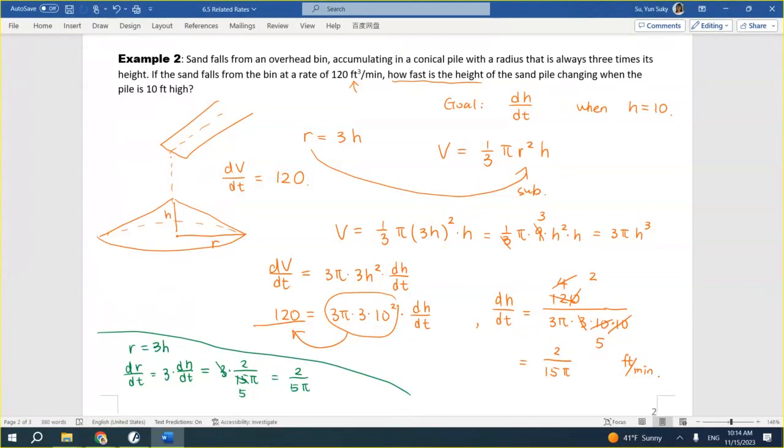Yes. My question is why you always multiply by dh/dt? That's the chain rule. Do you remember when we did the implicit differentiation? When it's like, okay, x squared plus y squared equals 10, something like that. When you take the derivative with respect to x, what are you doing?